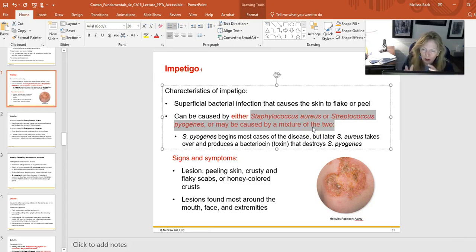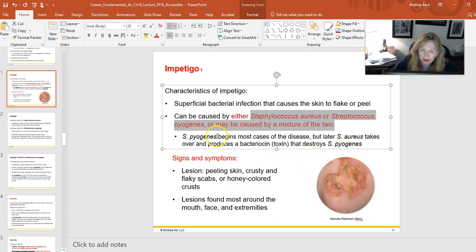In older toddlers and older children, it usually starts with Streptococcus pyogenes, group A Streptococcus, but then Staph aureus can also take the opportunity to wreak some havoc there in that particular wound site.